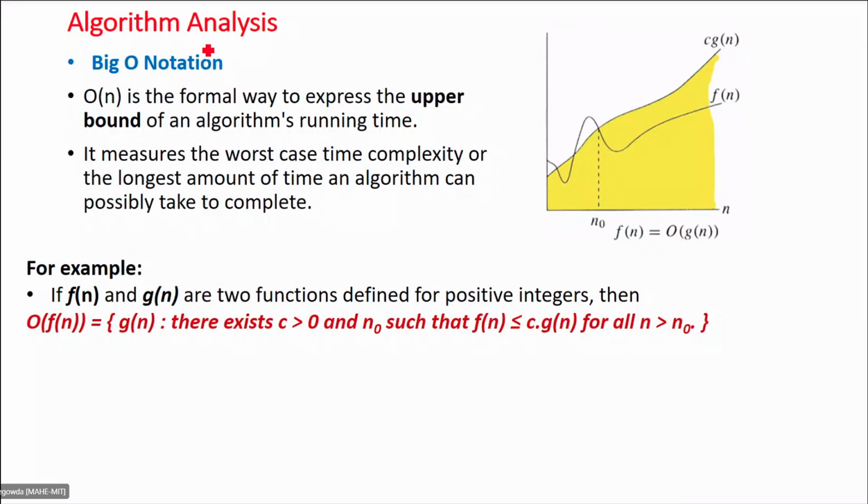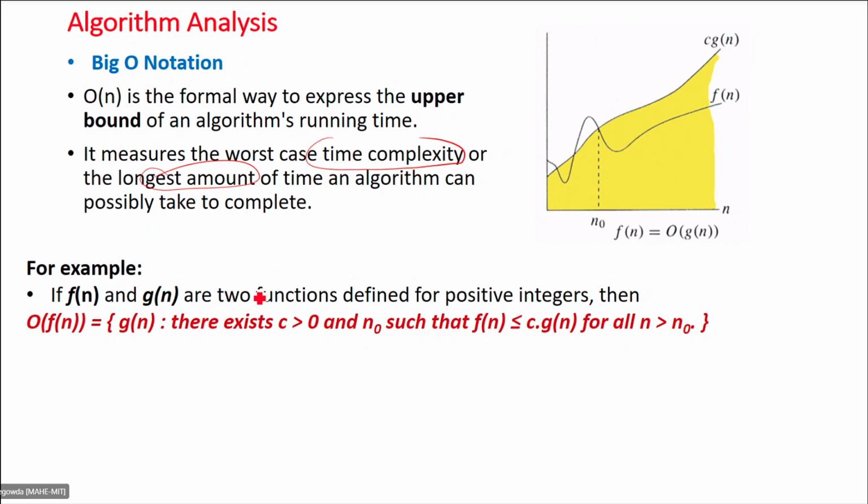First one is the big O notation, used for algorithm analysis. Big O notation is an asymptotic notation that measures the performance of an algorithm by providing the order of growth of the function. It measures the worst case time complexity, the longest time an algorithm can possibly take to complete.